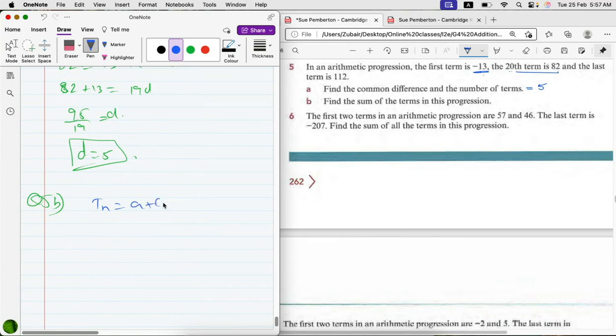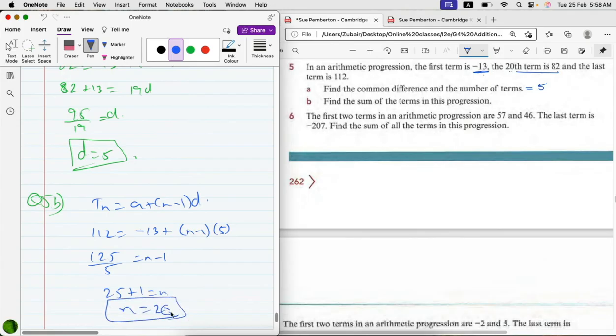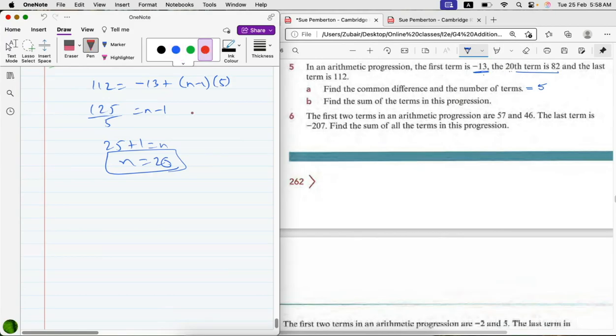Tn is equal to a plus n minus 1 into d. Last term is 112. a is minus 13. n is missing. And d is 5. So this is 125 by 5 equals n minus 1. 125 by 5 is 25, plus 1 equals n. n is equal to 26. So for 26 terms, the sum of terms is n by 2, a plus l, and 26 by 2.